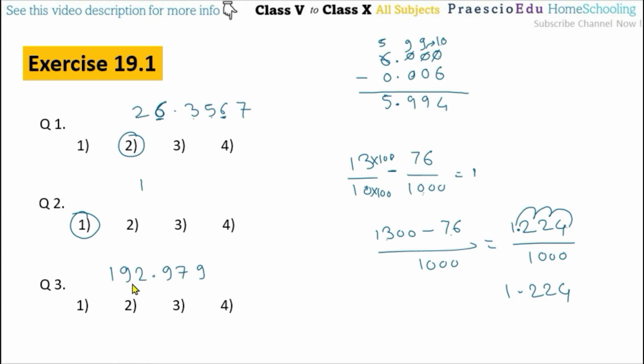Now this 9 is at the tens place, so it is 90.000, plus this 9 at the tenths place after the decimal, so 0.9, and then plus this 9 at the thousandths place, so 0.009. So additions we have to do. So 9, then 0, then 9, then the decimal point, and then 90. So 90.909, this is given in option number 3.